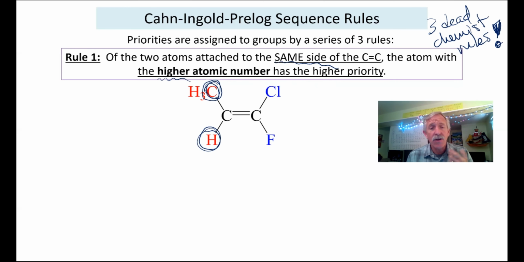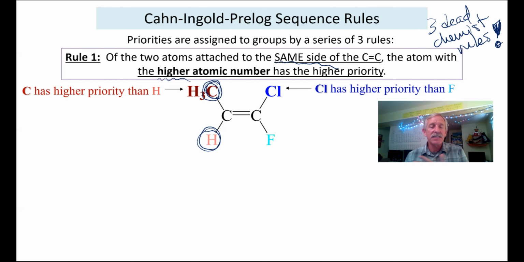Okay? And only those two. And looking at only those two, I know that the carbon has a higher priority than the hydrogen. It's not the CH3 group. So let's be really clear. These three dead chemist rules are going to be very, very strict in that I'm just looking at atoms attached to each other, not groups. And so that makes perfect sense on the other side.